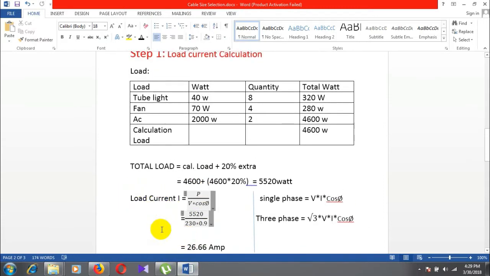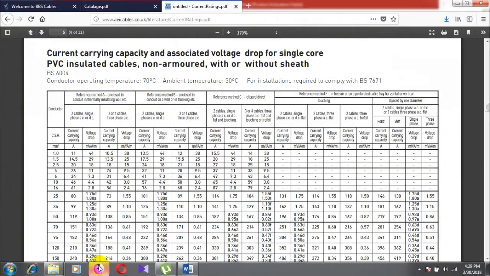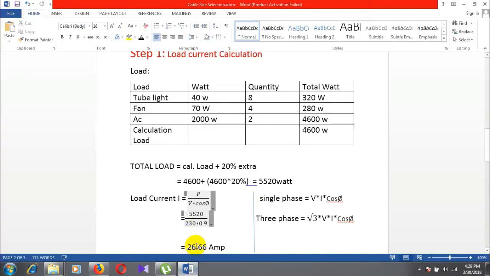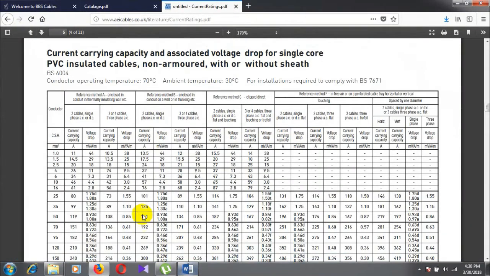So our desired current is 26.66 ampere. In this cable chart we see two cables single phase. Since we use single phase, that's why we use this column. So 24 is less than 26.66 ampere, so we select 32 ampere.